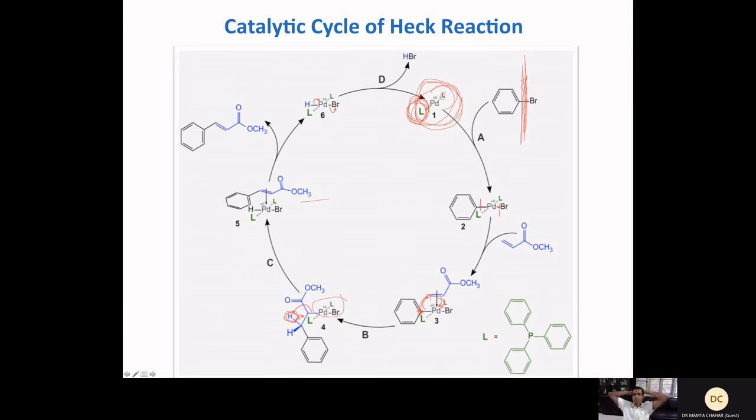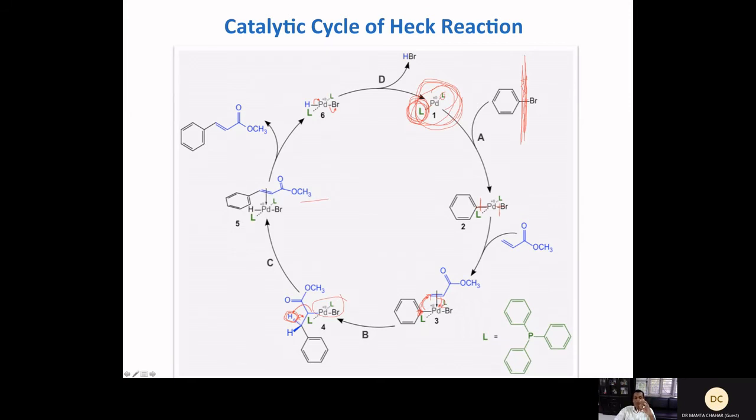Okay, what are we looking at? We are looking at aryl halide. It could be chloride, bromide, iodide, or it could be triflate, nonaflate, mesylate, and then palladium enters into the C-X bond.